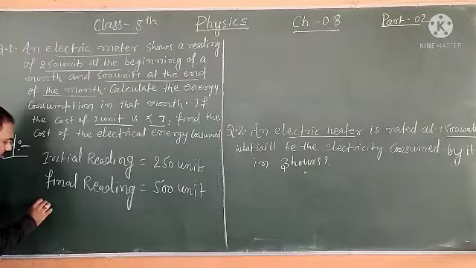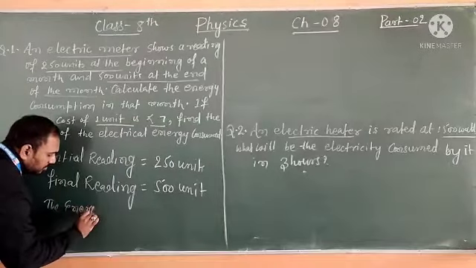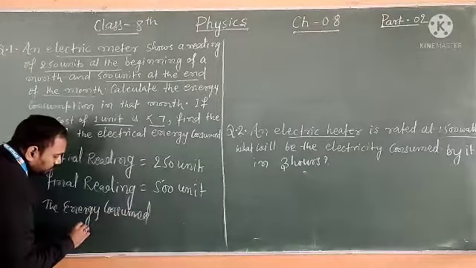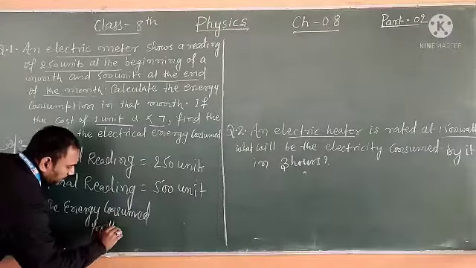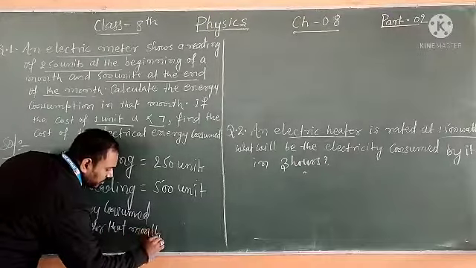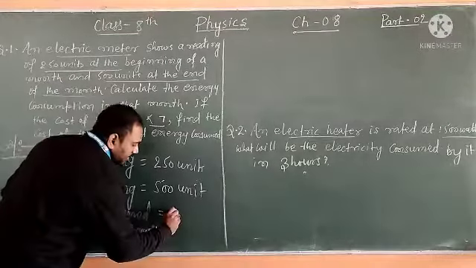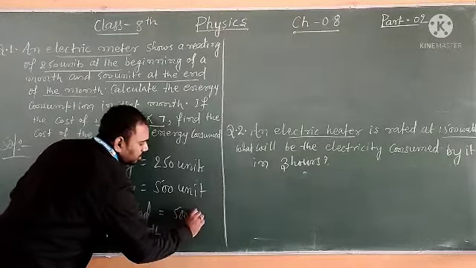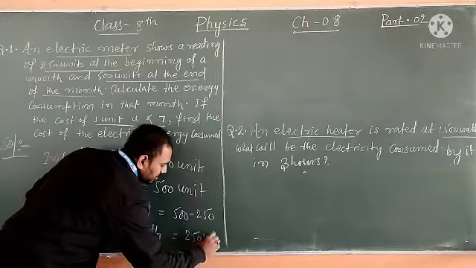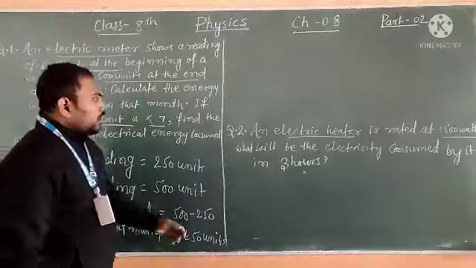The energy consumed for that month is equal to final reading minus initial reading, that is 500 minus 250, which is equal to 250 units. I hope you get it here, 250 units.